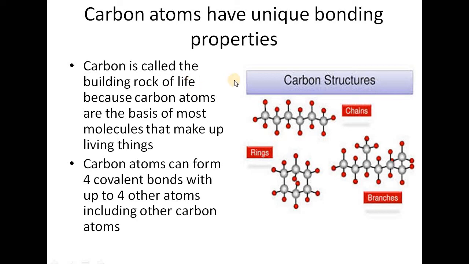That's why we call them carbon-based molecules, because the carbon is the building block of life. Now the carbon can make chains, it can make branches, and it can make rings, because it has these unique bonding properties, which is that it can make four covalent bonds.